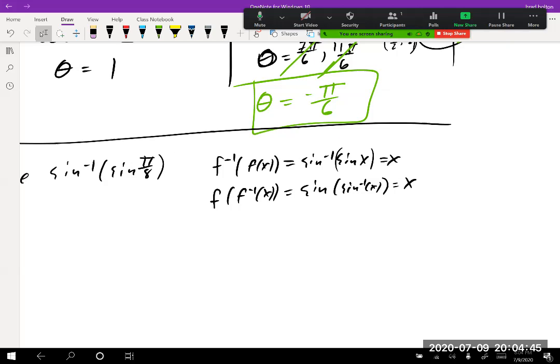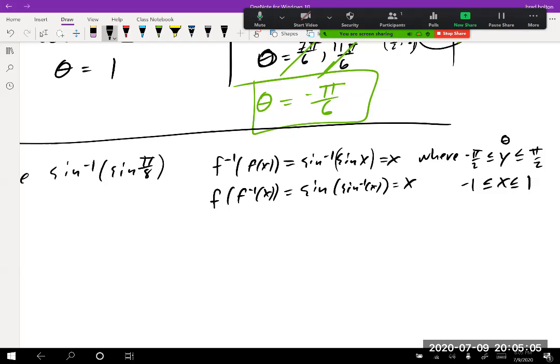And this is where negative pi halves is less than or equal to y, or sometimes called theta, is less than or equal to pi halves. And this is negative 1 is less than or equal to x is less than or equal to 1.